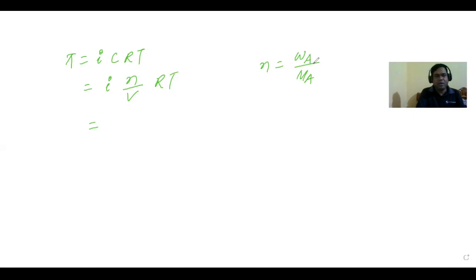So i into WA by MA into V in liter, or equal to 1 by 1000 by V in ml, into RT.